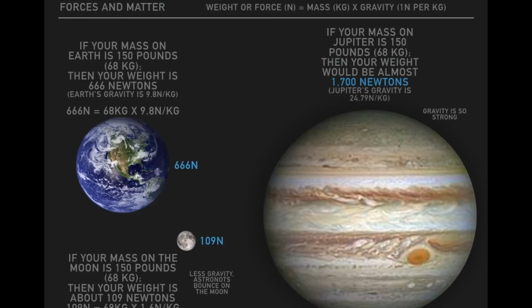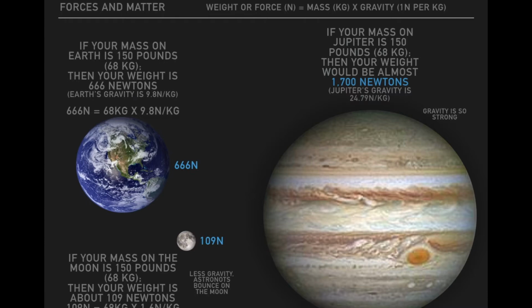If we look at planets, you can see that if your mass on Earth is 150 pounds, then your weight is 666 newtons. But if you go on the moon, there's less gravity. So if your mass is 150 pounds, your weight would be 109 newtons, a little more than 500 newtons less. Now, if you go to Jupiter, however, the gravity is extreme.